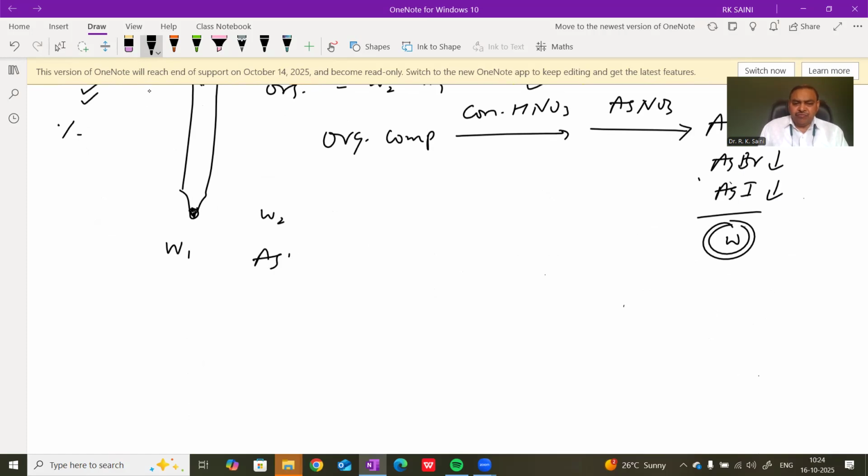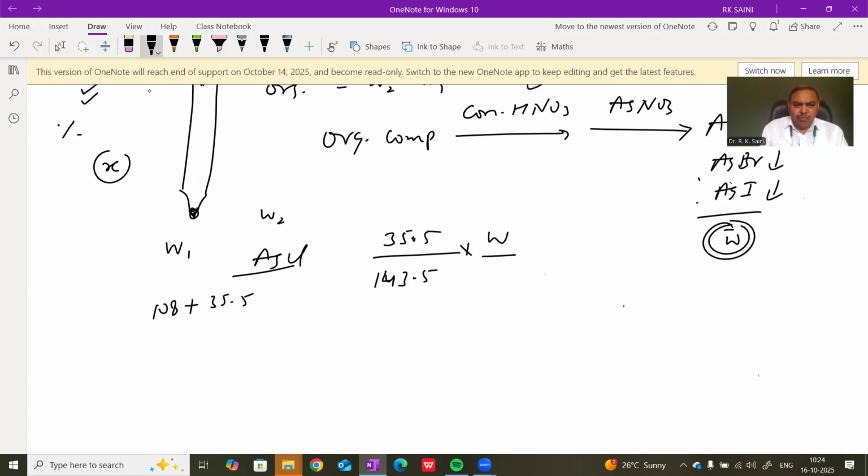We know that 35.5 gram chlorine is present in 143.5 gram of AgCl, because the mass of silver is 108 and chlorine is 35.5. Therefore, the chlorine present in W gram of AgCl comes from X gram weight of organic compound.